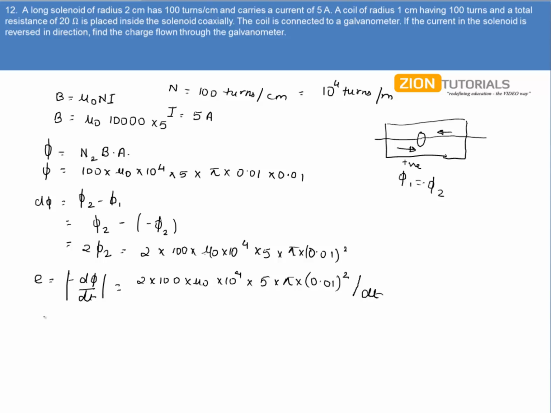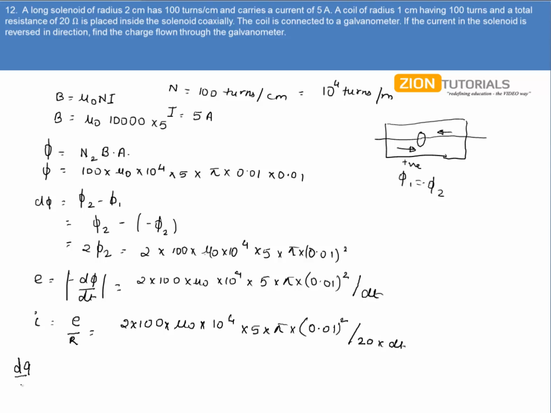Now we have the EMF and we have the resistance of the coil, so we can calculate the current passing through the coil, which is given by I is equal to E by R. So the EMF is 2 into 100 into mu naught into 10 to the power 4 into 5 into pi into 0.01 whole square, divided by 20 into dt.